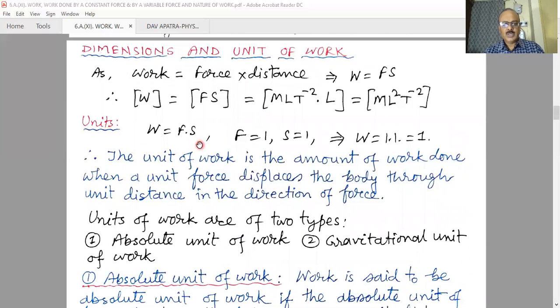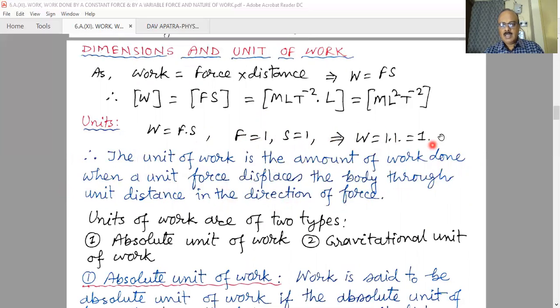Now units, and how can you find the unit? When F is 1 and S is 1, at that time work done is 1. In the different systems of units, we define it in this way: the unit of work is the amount of work done when a unit force displaces the body through unit distance in the direction of force.